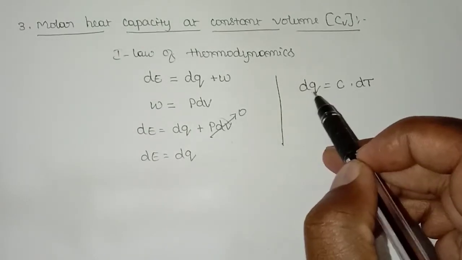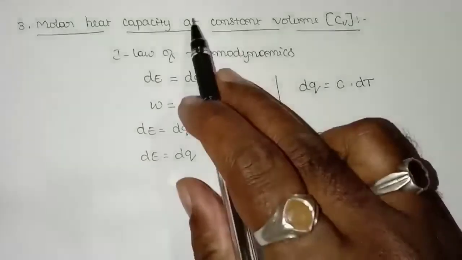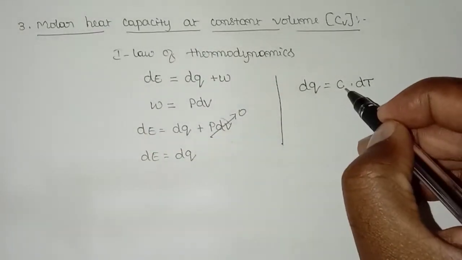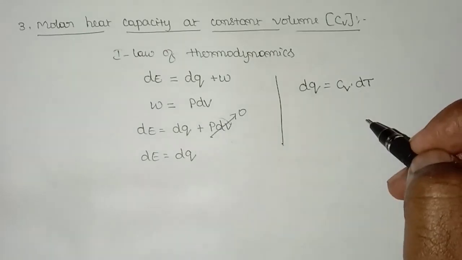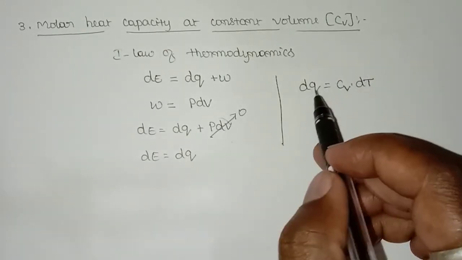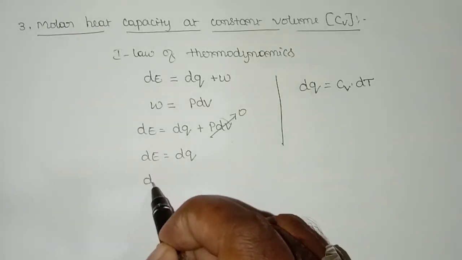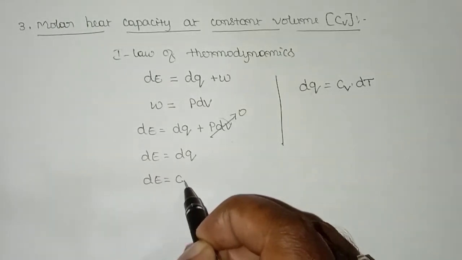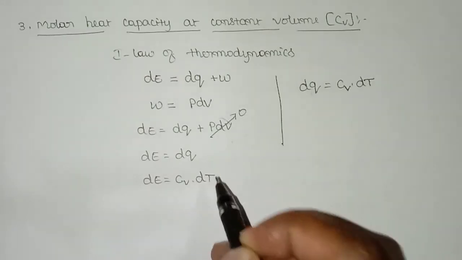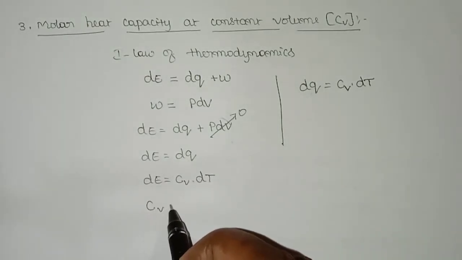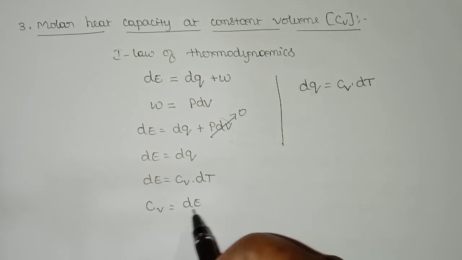Since we are maintaining constant volume, let me take this heat capacity as Cv. So in place of dq, here we can take Cv into dT. So dE is equal to Cv into dT, or finally, Cv is equal to dE by dT.